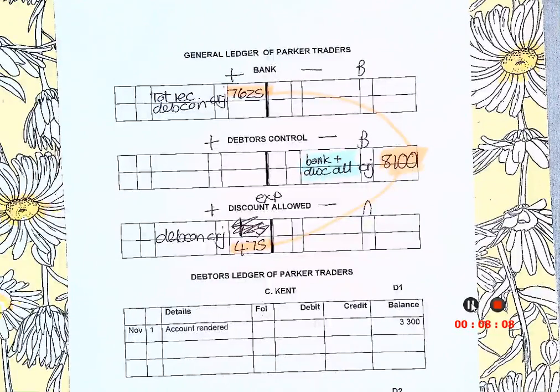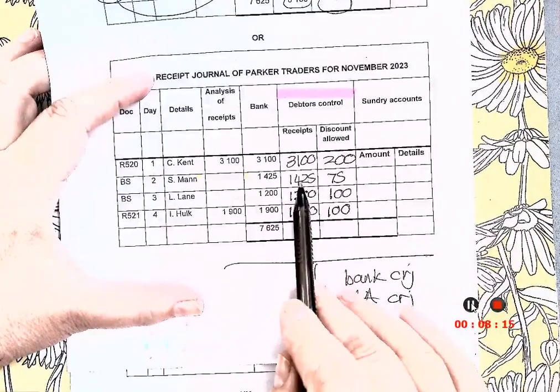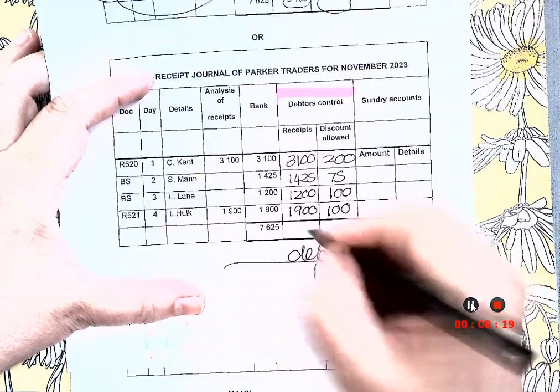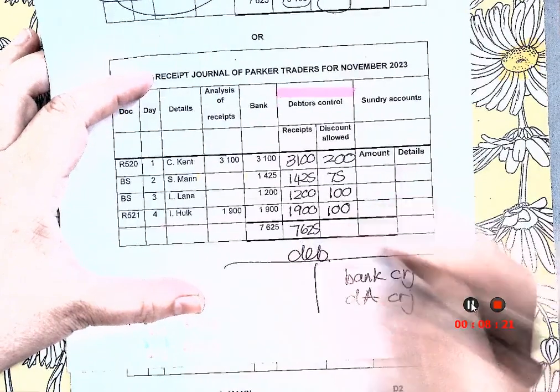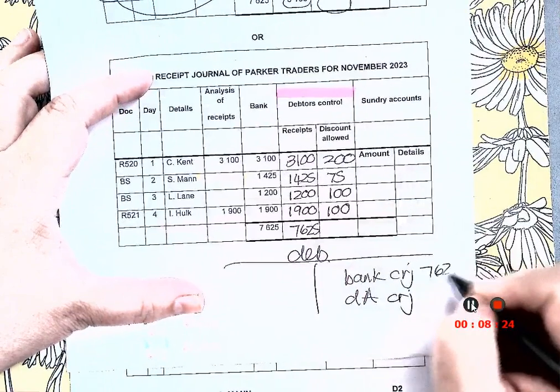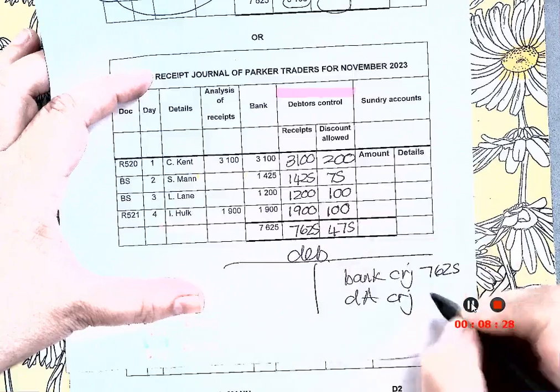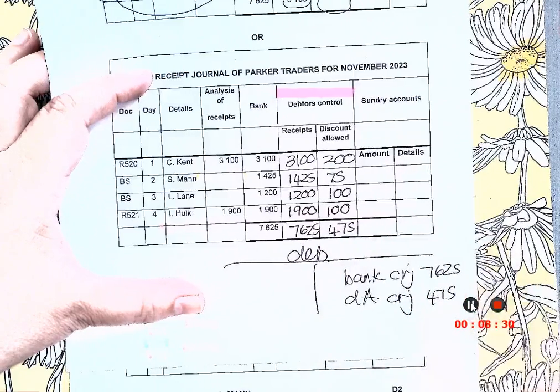If you posted the second journal, in other words, I ask you to post this one, then you would just show it separate. Your receipts is going to be 7,625 and your discount 475, and it still adds up to 8.1.